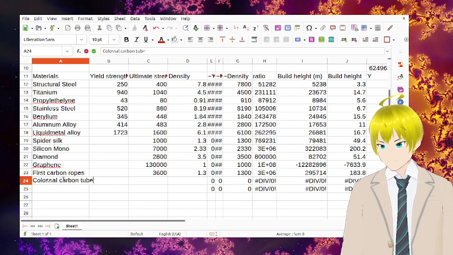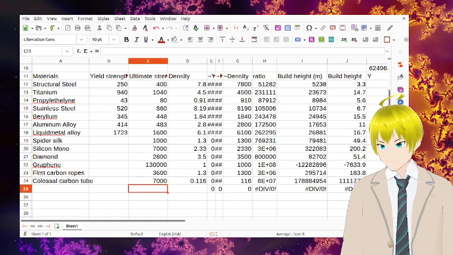So this must be like that image that they often show of a carbon nanotube, a big giant circle with nothing in the middle. You know, it's like a tube. This must be that one because it's such a low density. So what is it? 7,000 at 0.1? 0.116. So you could build really high with this. 111,000 miles?